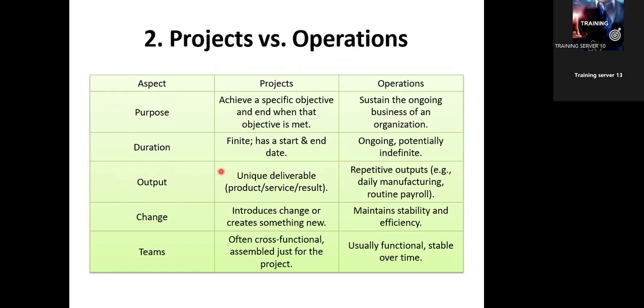So it's something unique, and it should be deliverable at the end of that project. While here, it should be like daily manufacturing operation, routine work. So it's a continuous program, and you are working with this program in order to raise the standards of work.